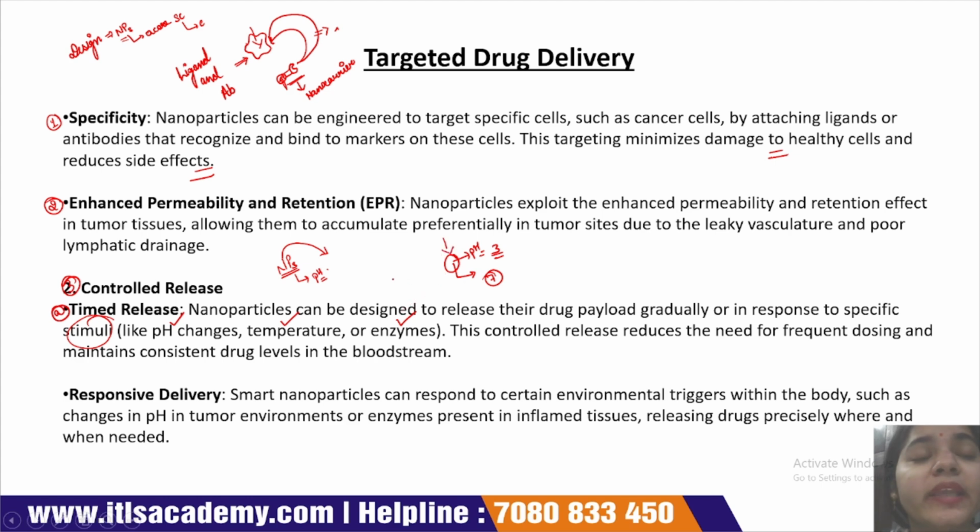We design the nanoparticle so that whenever the pH of this cell changes and reaches 7, then this nanocarrier releases the drug. Whenever the pH is maintained at 3, then this nanocarrier does not release the drug. These nanoparticles release the drug whenever the pH varies.